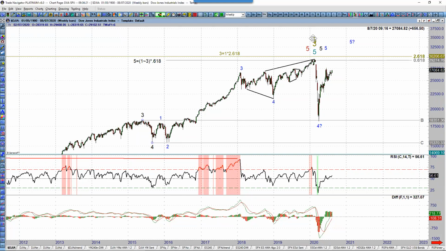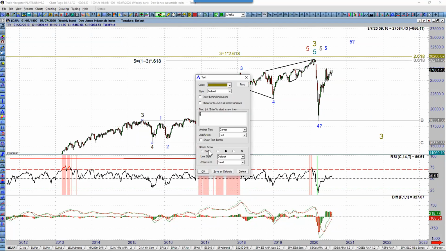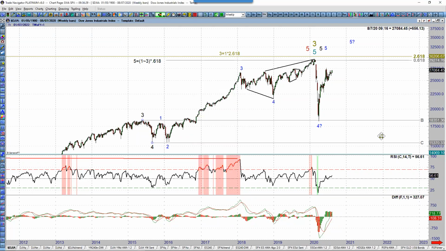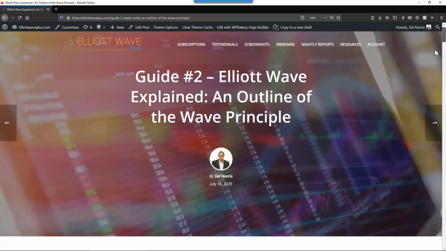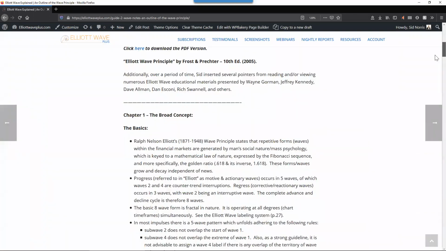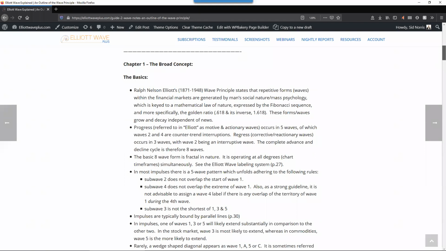So if we're going to get a wave 4 next, then we want to refer back to our resources and look for what kind of corrective structures we could look for next.